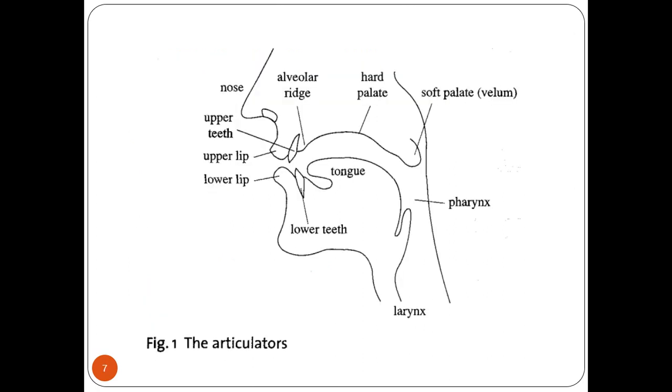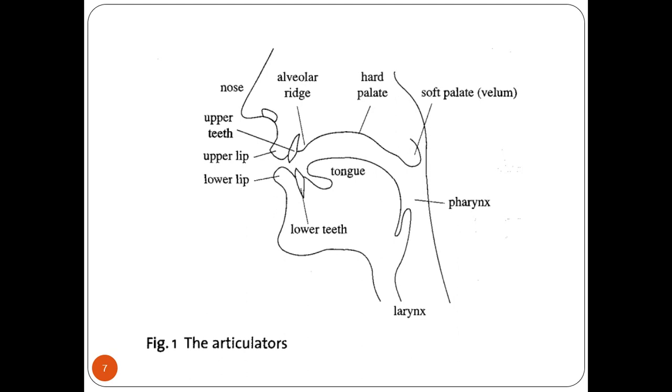Look at this illustration, and you will find some of the terminologies that we use generally when we talk about place of articulation, as well as manner of articulation, because they are also important when we're discussing manner of articulation. These are different articulators and different organs that we use in speech production.